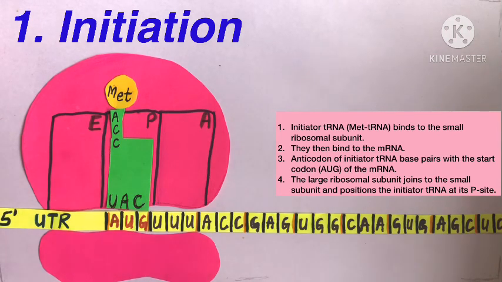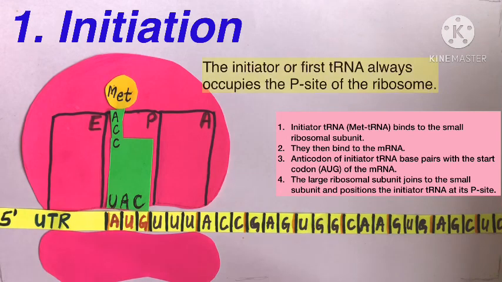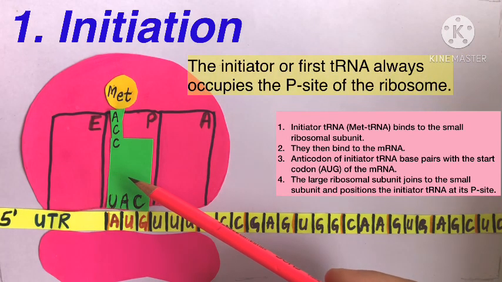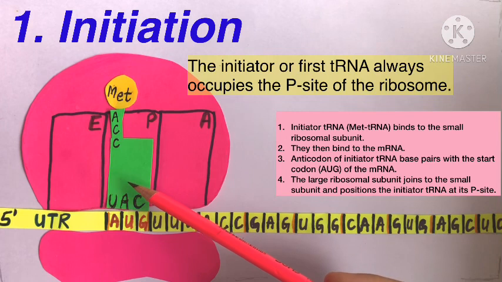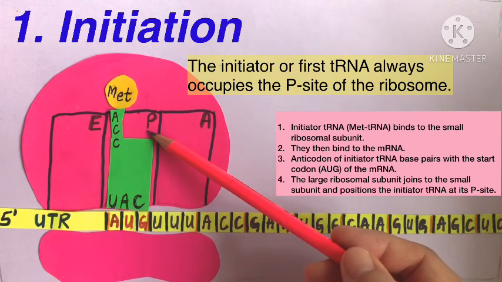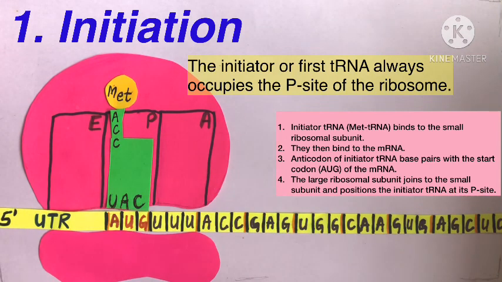And an important point that you want to remember is that the first tRNA, or the initiator tRNA, always occupies the P site of the larger ribosomal subunit. And at the end of initiation, the next mRNA codon, now in this sequence it is UUU, is exposed.